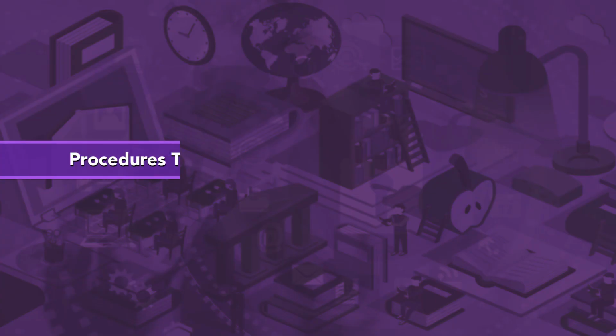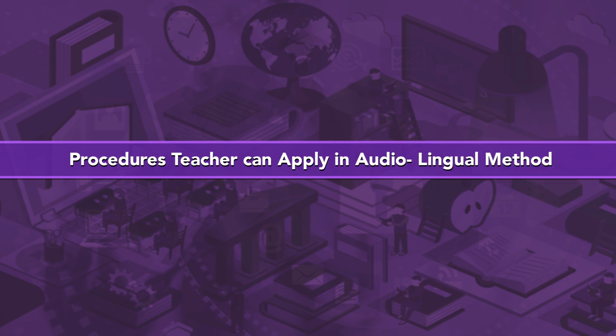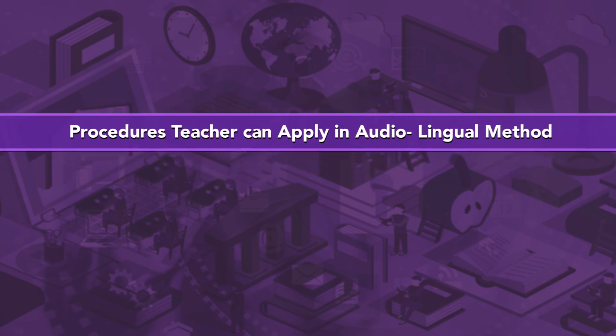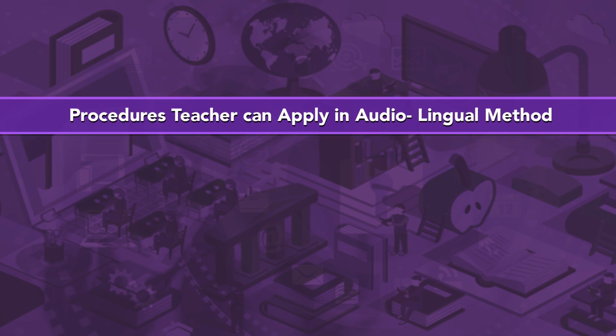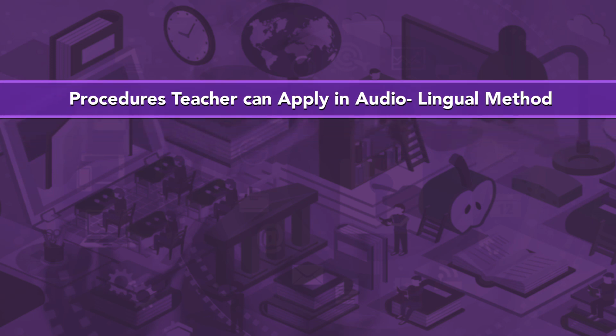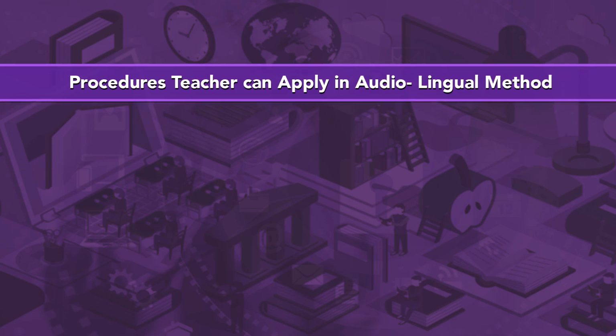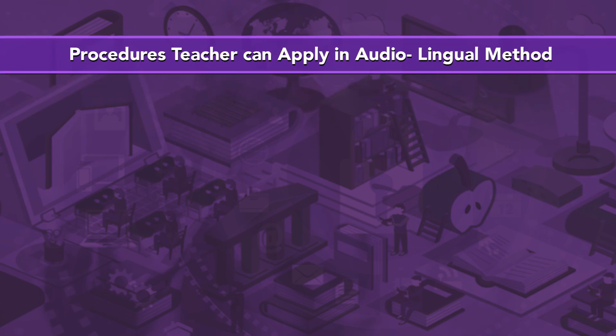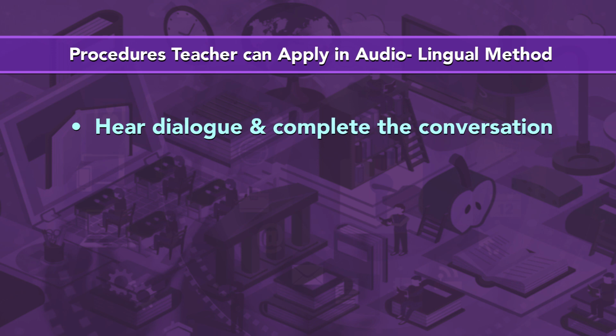And what type of procedures, steps or techniques can a teacher apply in their classroom when they want to use the audio-lingual method? Here are some techniques that a teacher can use. First, hear a dialogue and complete the conversation.